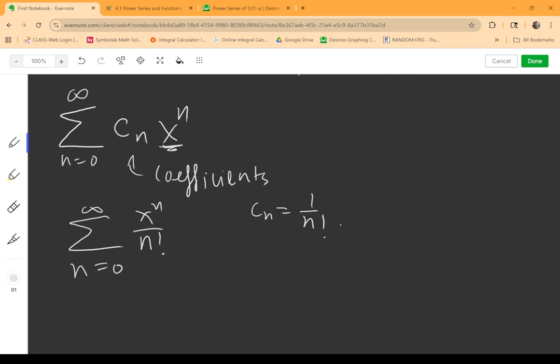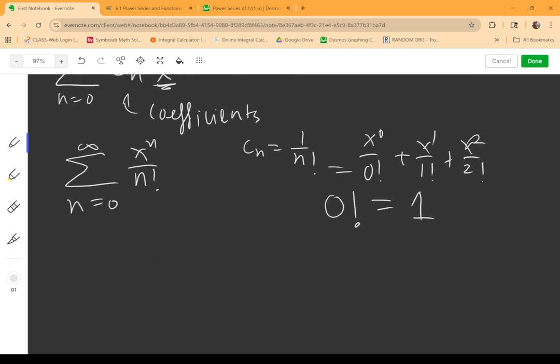The way this looks is x to the 0 over 0 factorial, x to the 1 over 1 factorial, x squared over 2 factorial, etc. For our purposes here, the quantity 0 factorial is equal to 1. So we're not dividing by 0; we're defining 0 factorial to be 1.